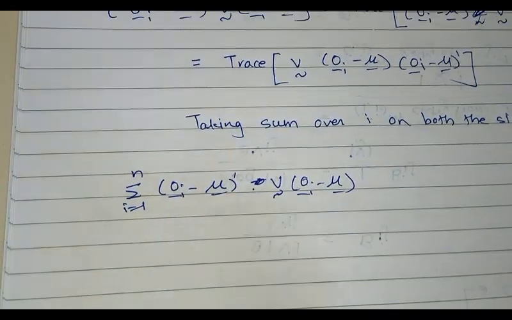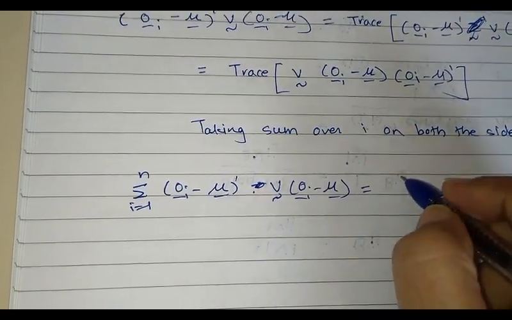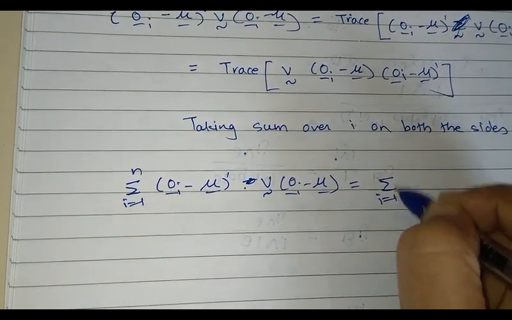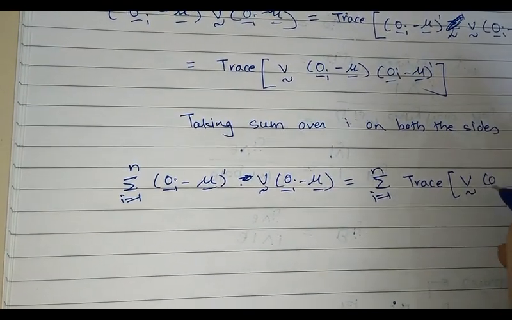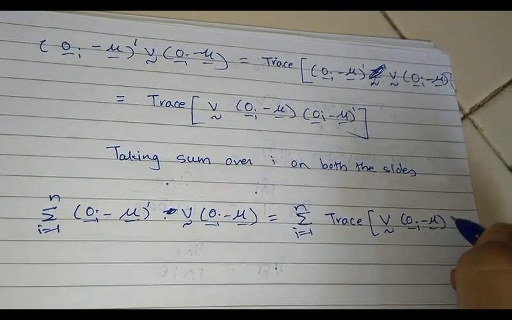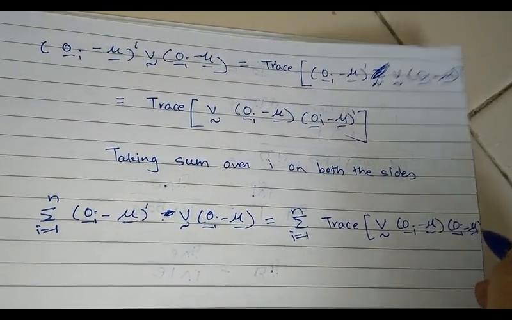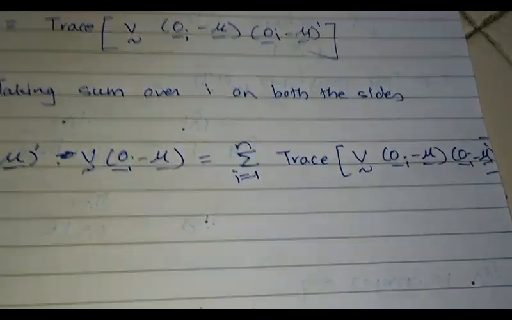This is actually my term in exponent except for half. It is same as sum over i going from 1 to n trace of V y minus mu y minus mu prime. Now trace can be taken outside the sum.